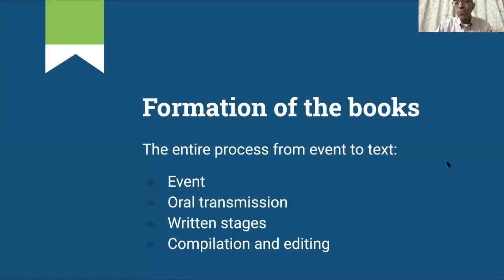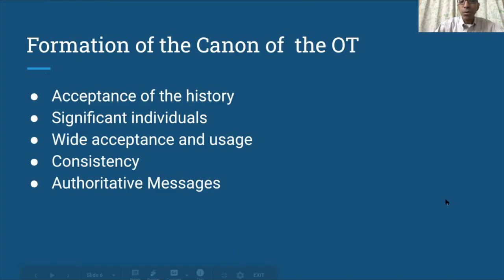So the formation of the books, the entire process from event to text: you have the event, oral transmission, written stages, and then finally compiling and editing, possibly during the time of Solomon, possibly during the time of the exile, and further on. These are all different aspects that were important.